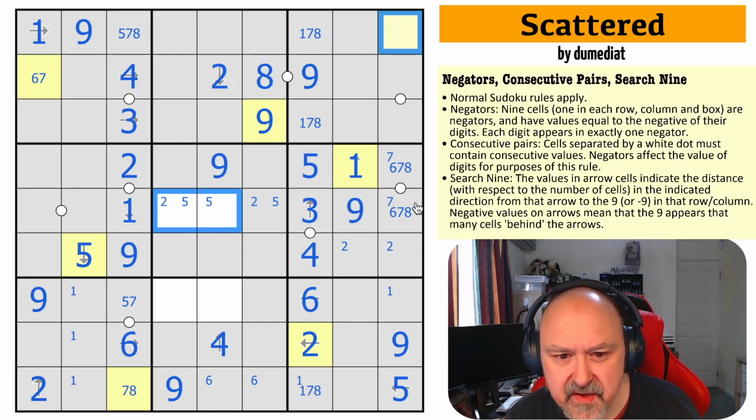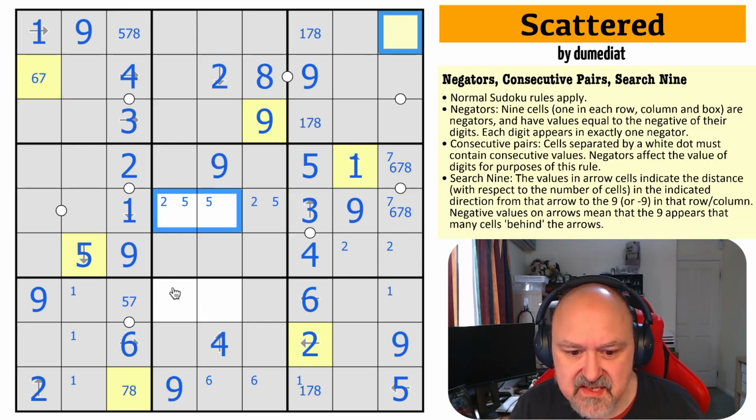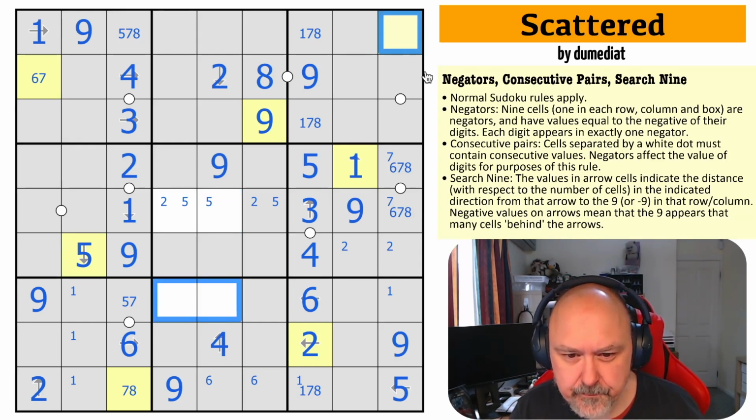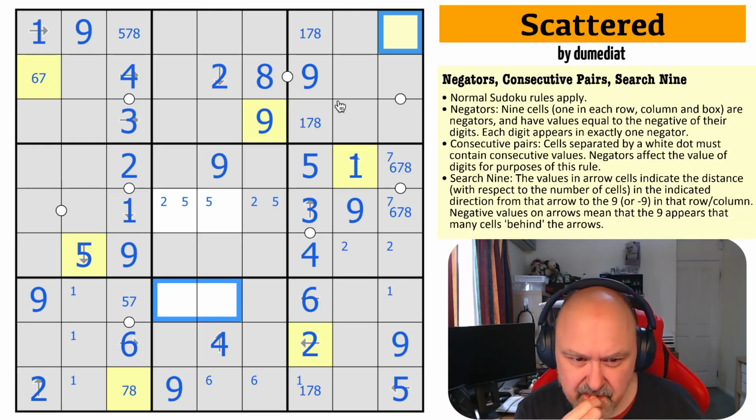Where can I put 3 in a negator? It's either down here or up here. 5. No, I don't.